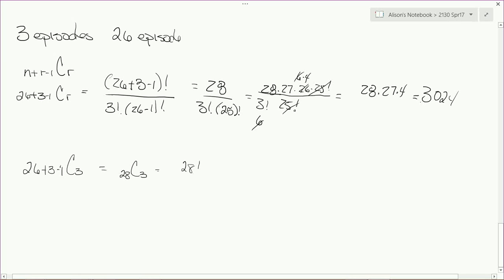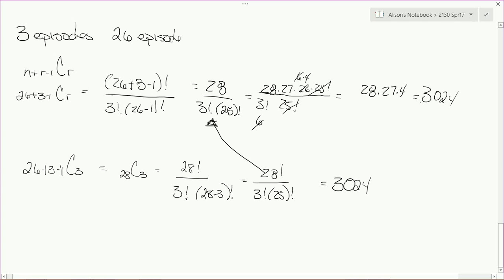That would be 28 factorial over 3 factorial times 28 minus 3 factorial, which gives me 28 factorial over 3 factorial, 25 factorial, which takes me back to the original, which ultimately is going to give me 3,024. So if I choose to do this mathematical calculation first to end up with 28, choose 3, I can just use my regular combination algorithm instead of having to substitute the original values up here.